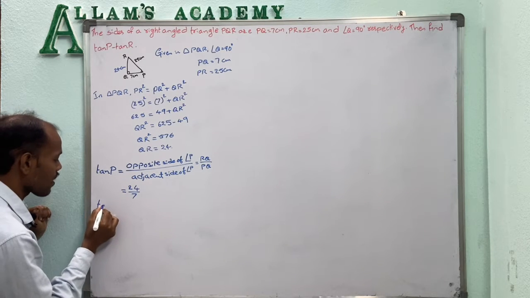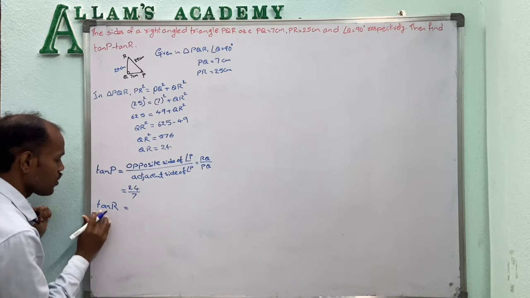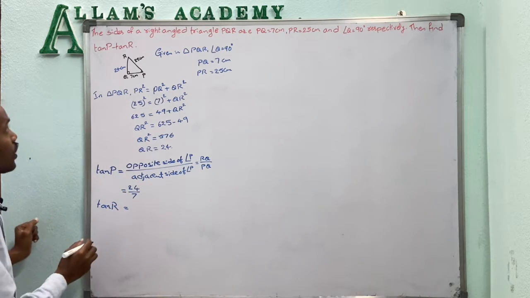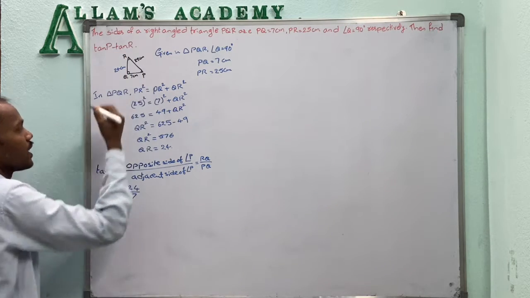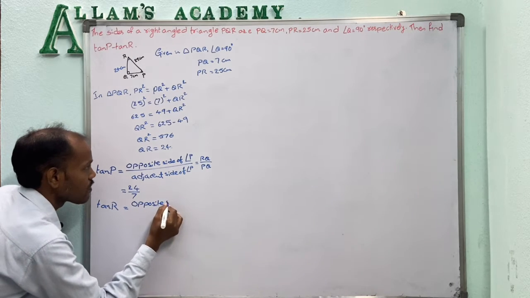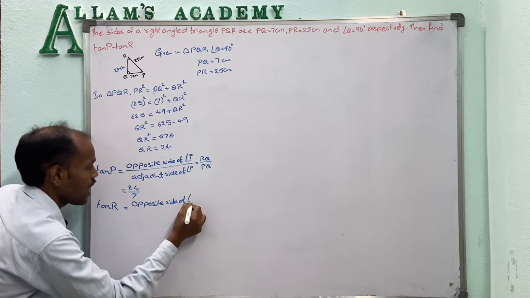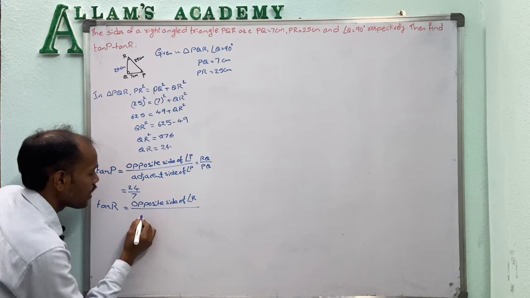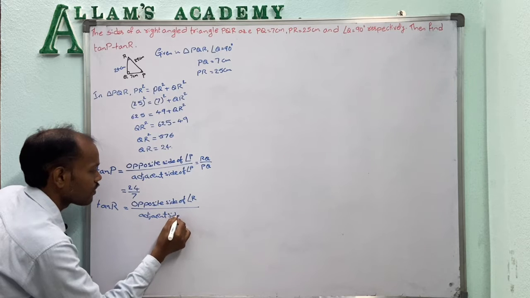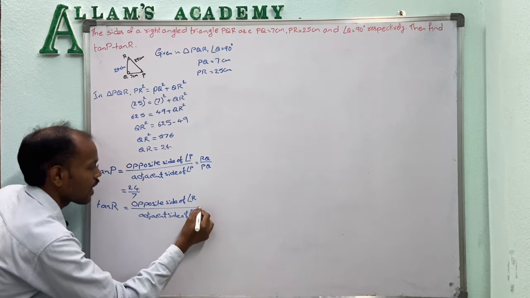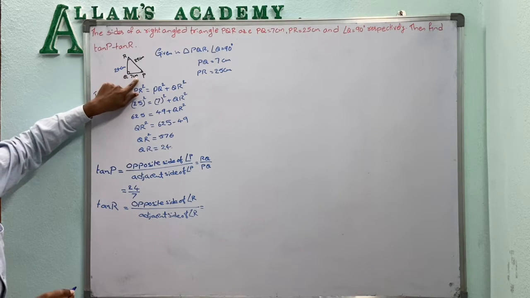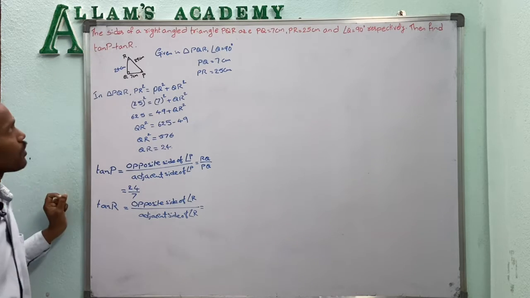Next, finding tan R. Already we said tan means opposite side by adjacent side. Now we are talking about angle R, so opposite side of angle R by adjacent side of angle R. For R, the opposite side is PQ and the adjacent side is QR.